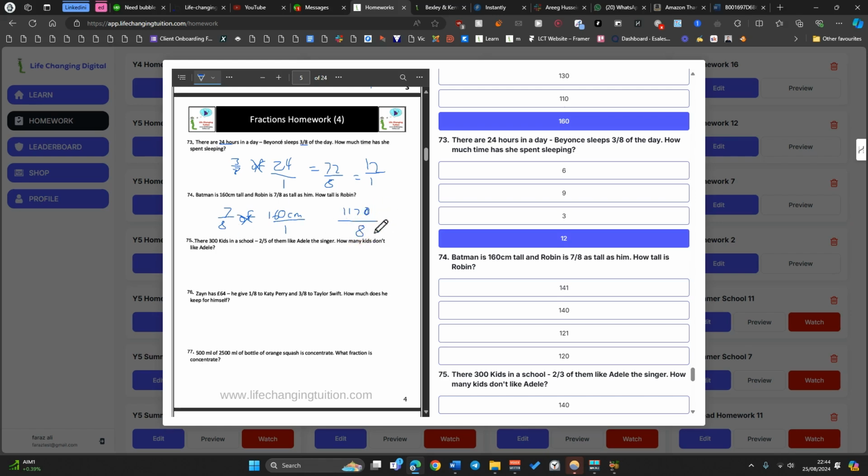Now we have to simplify this. We have to divide the bottom by 8 and divide the top by 8. So let's look at what is 1170 divided by 8. So 8 into 11 is 1. If we put 8 down here, that gives us 3 left over.